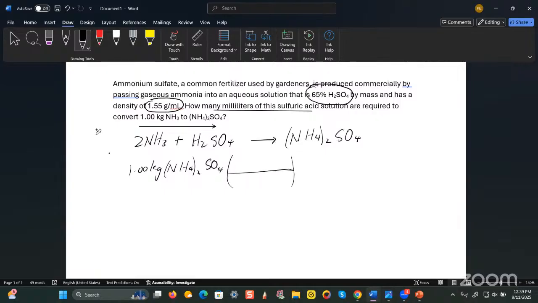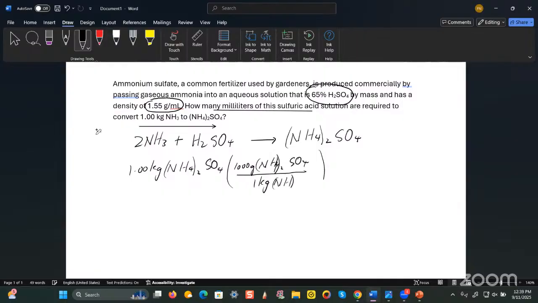So that means I'll multiply this by 1,000 grams of ammonium sulfate as a numerator, over 1 kilogram of ammonium sulfate, right?